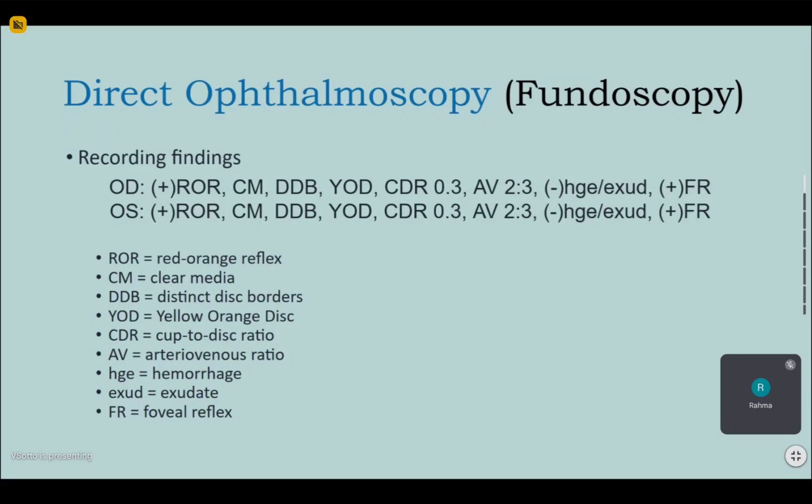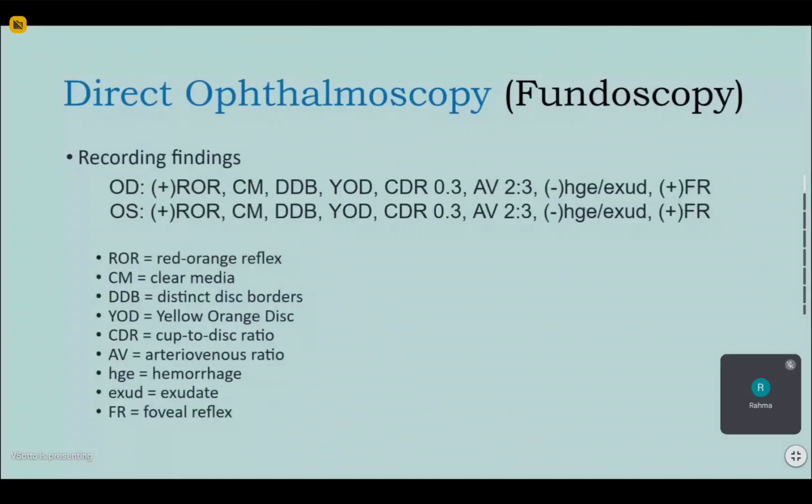So you really need to know this step, or this skill, since even if you don't go into ophthalmology residency, even if you're not gonna be an ophtha, this is expected.